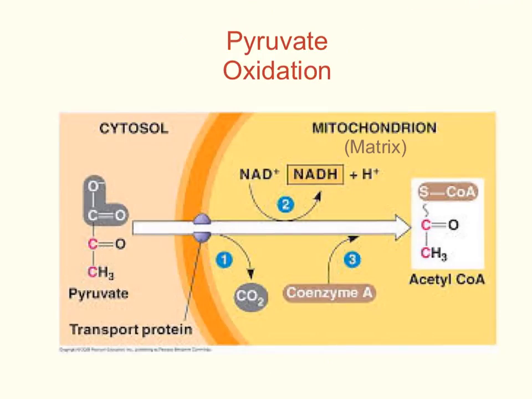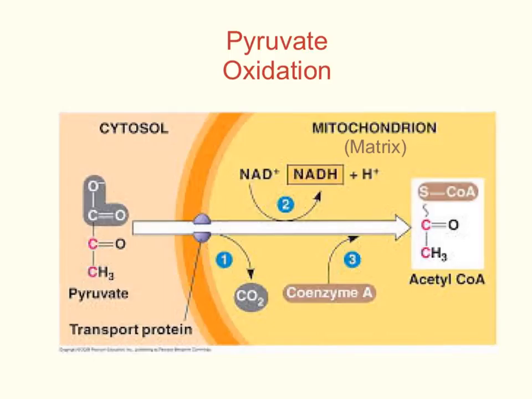The second step of cellular respiration is pyruvate oxidation. With the help of a membrane carrier, the pyruvate molecules enter the matrix of the mitochondrion and pass through the outer and inner mitochondrial membranes.